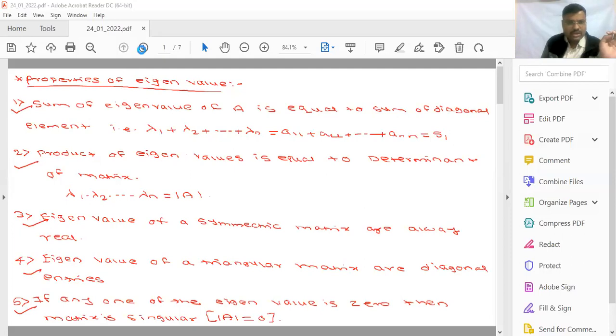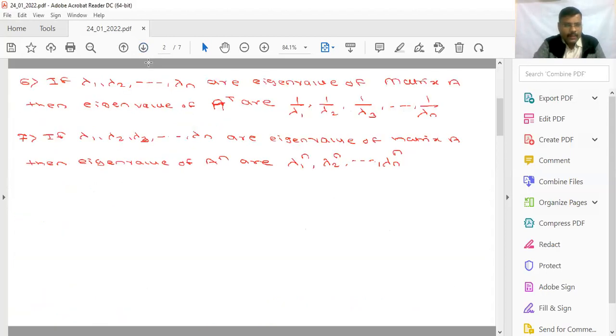For the next page, what is wrong here? The 7th note is right, no problem.